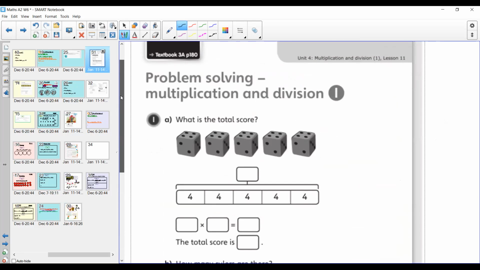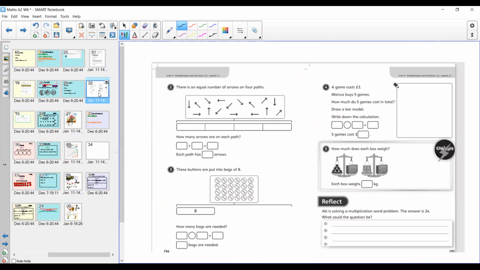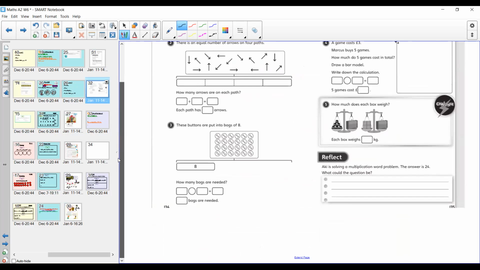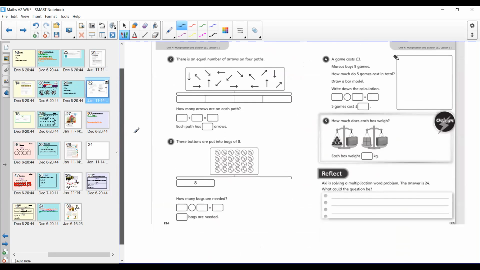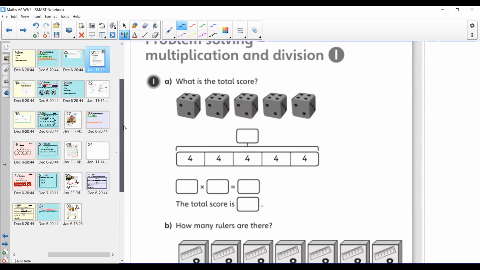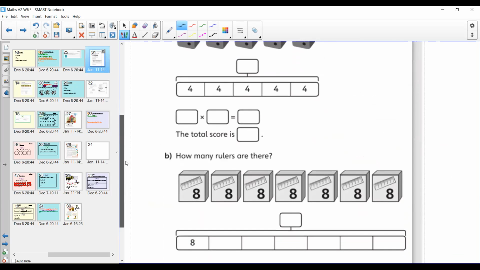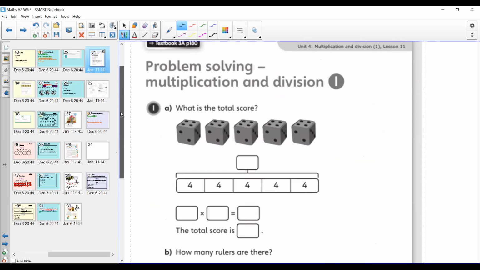Problem solving multiplication and divisions using bar models and representations, and then going on to 134, 135. Okay, so just leave those if anyone's having trouble getting online. I'll just leave a freeze frame there.